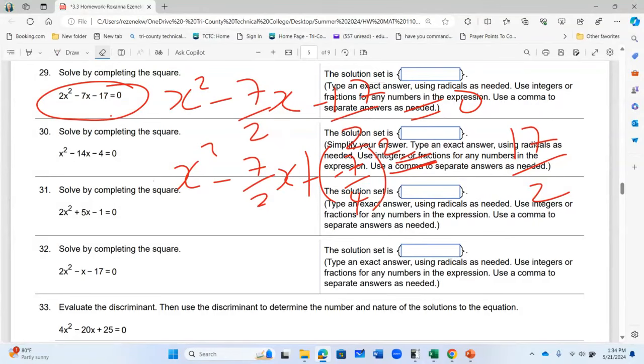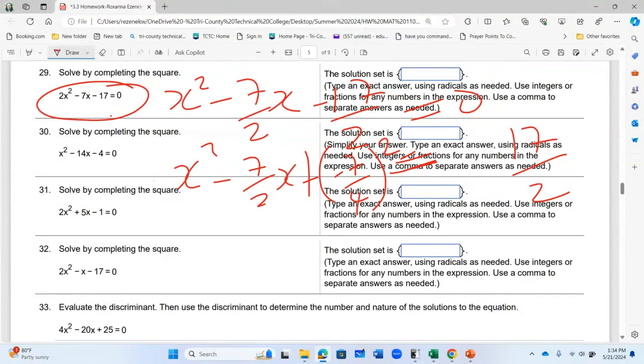So I have negative 7 over 4 here also. So negative 7 over 4, and I can square it immediately. So I have 7 times 7 is 49, 4 times 4 is 16, forgive me for that. 49 over 16 for the right hand side, plus.